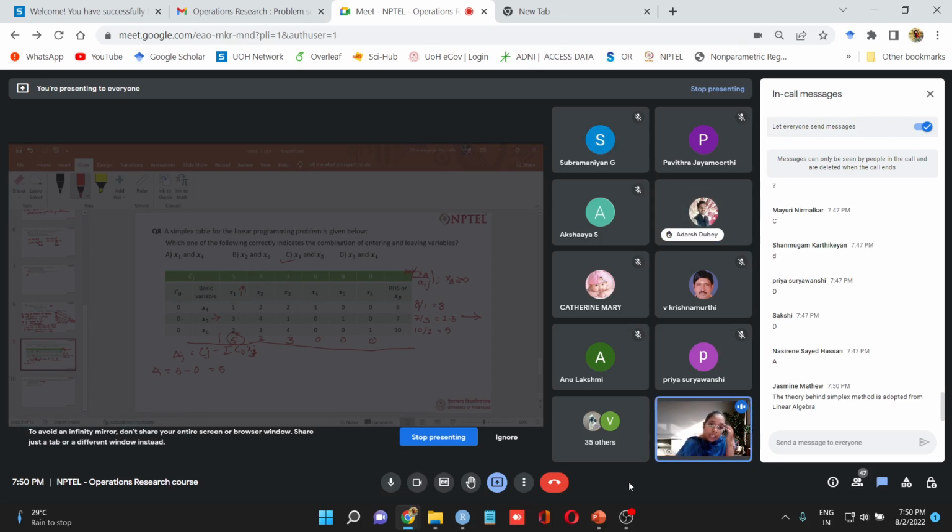To solve a single problem, we have many ways. Actually I am not aware of this rank method. If the rank method gets the solution of the entire simplex procedure, you can proceed in that way.